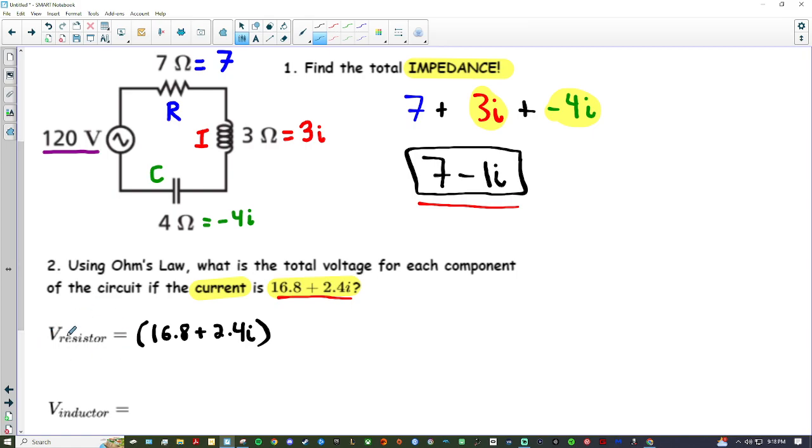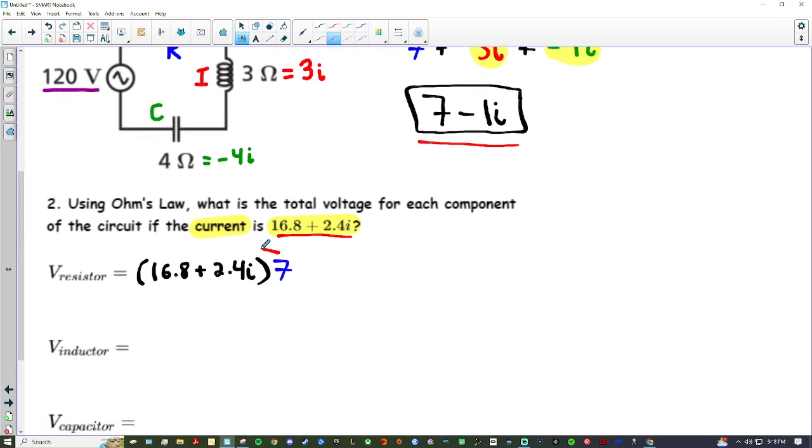The resistor's impedance is 7. So we're going to multiply by 7. It looks a little strange because our 7 is back here, but we need to distribute our 7 to get our voltage for our resistor.